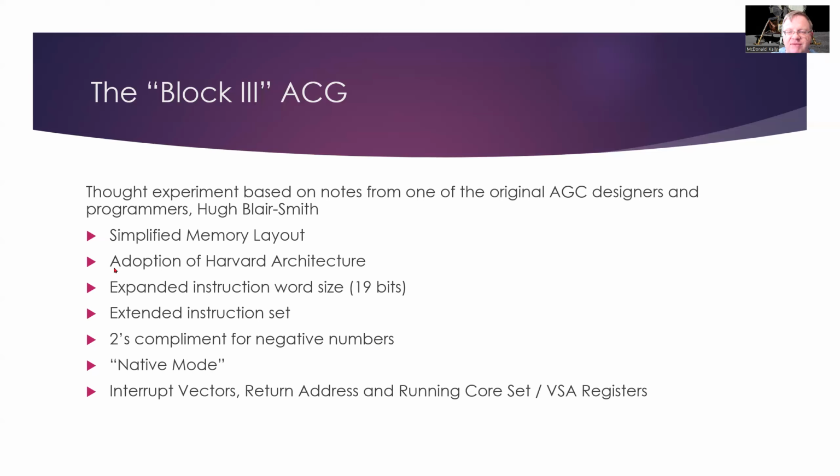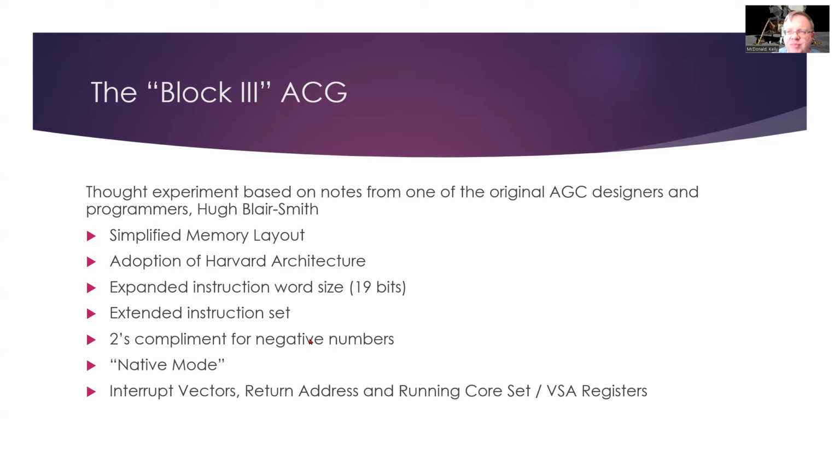And then because you have larger memory addresses, you probably want to have an extended instruction word size so that you can store some more of those memory bits in your instruction. There are a few additional instructions I would have liked to have added to make things easier to program. Two's complement for negative numbers.